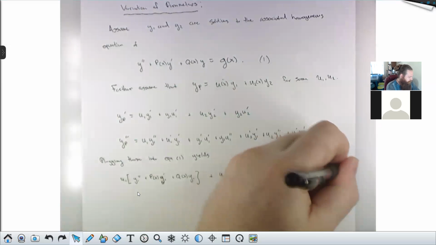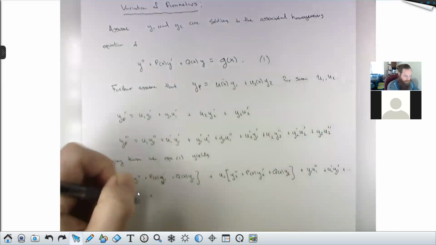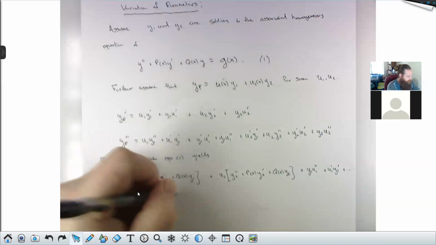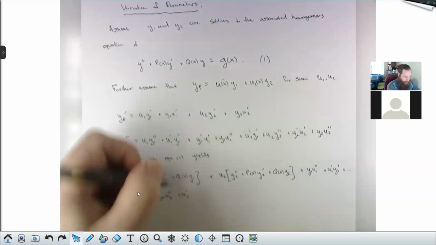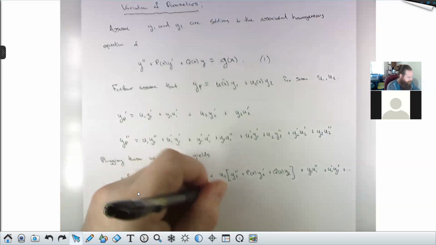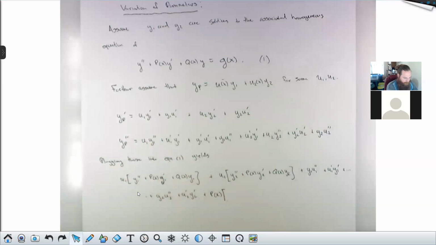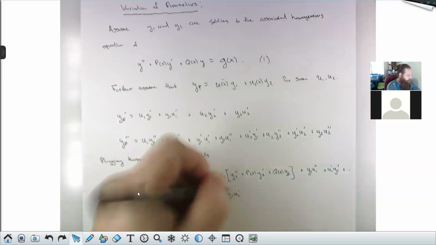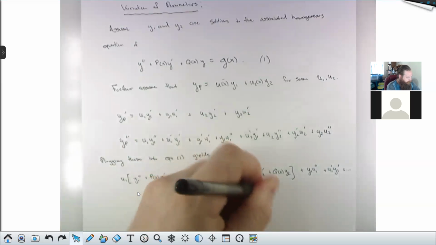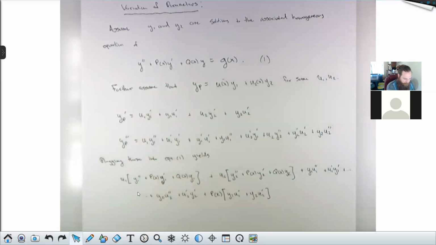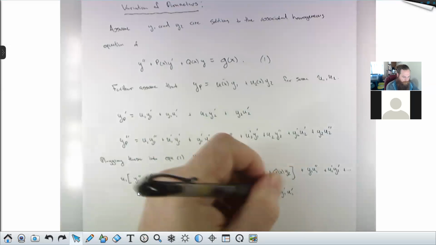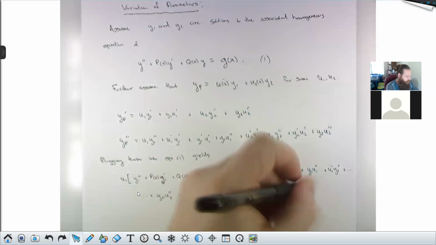Plus y2 u2 double prime plus u2 prime y2 prime, plus p of x times (y1 u1 prime plus y2 u2 prime), and then the very last terms are y1 prime u1 prime and y2 prime u2 prime.